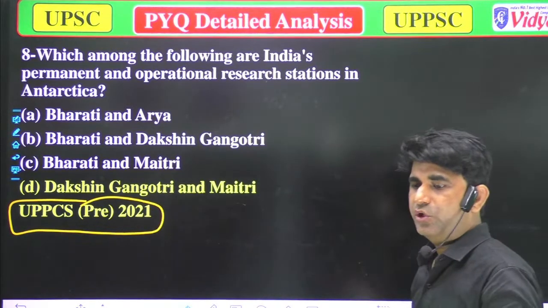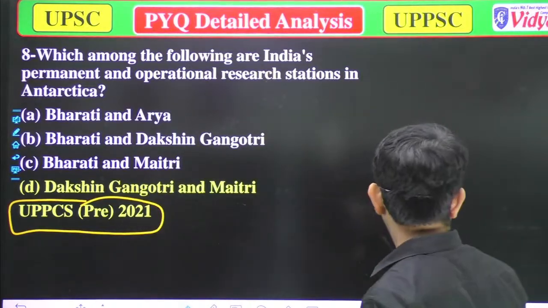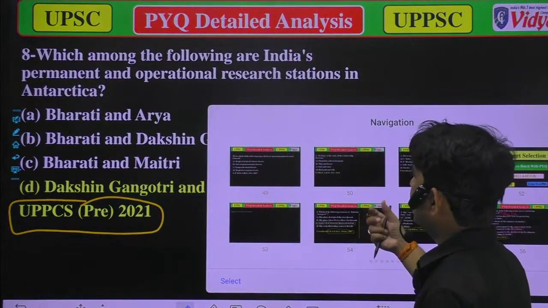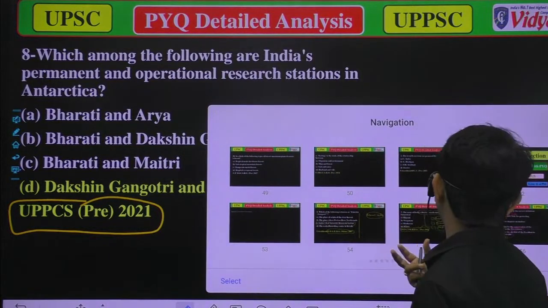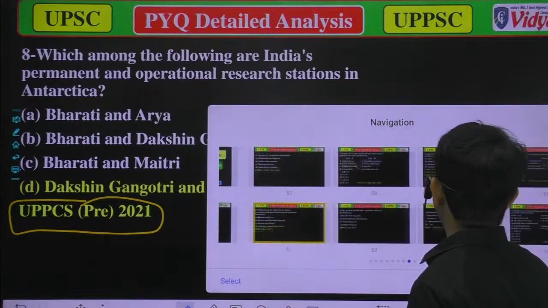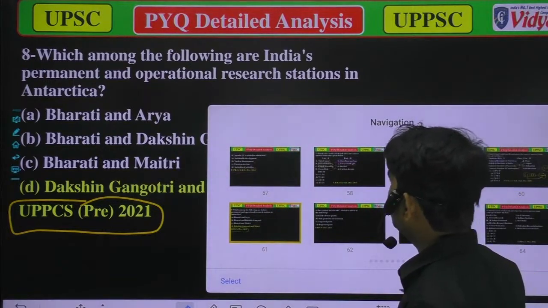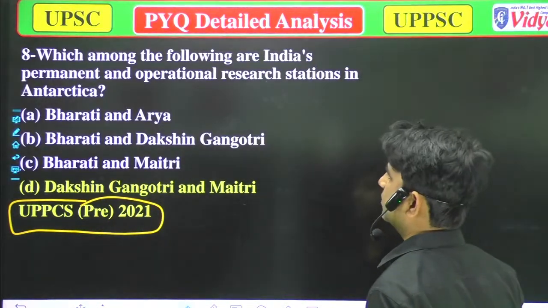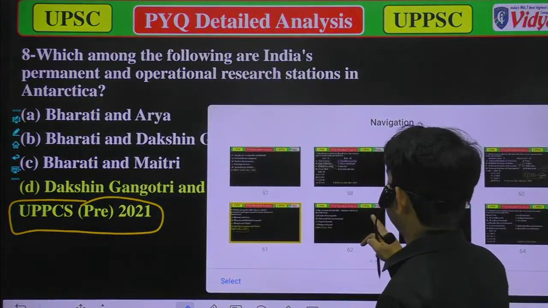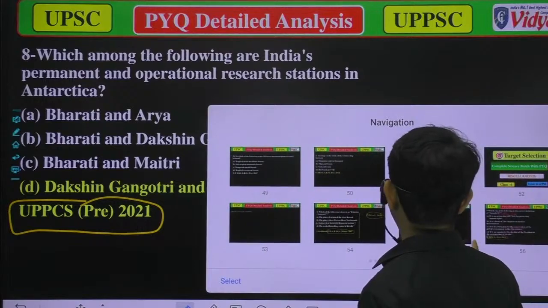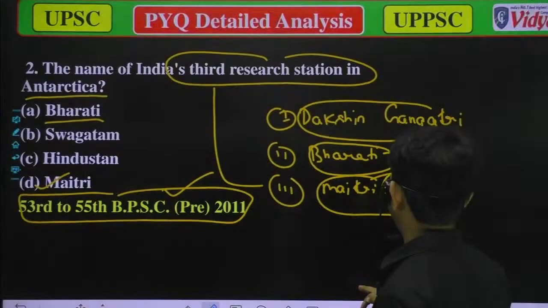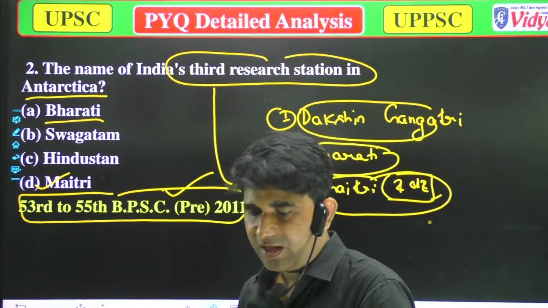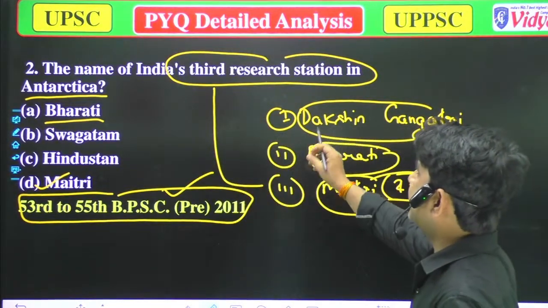Suppose you are new to this session. In the previous questions, as I'm saying, these questions are repeated day by day. In the second question, I talked about the name of India's third research institute.